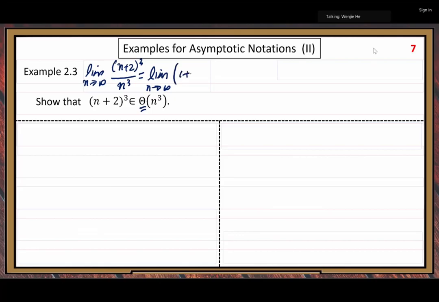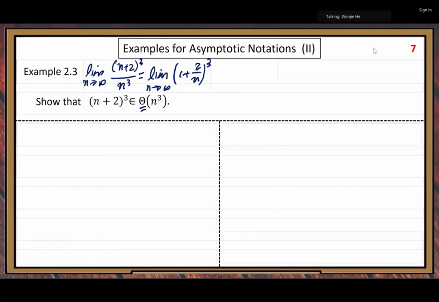Can you see it equals, the numerator has that 3 at the exponent, and the denominator also has that 3 at the exponent.